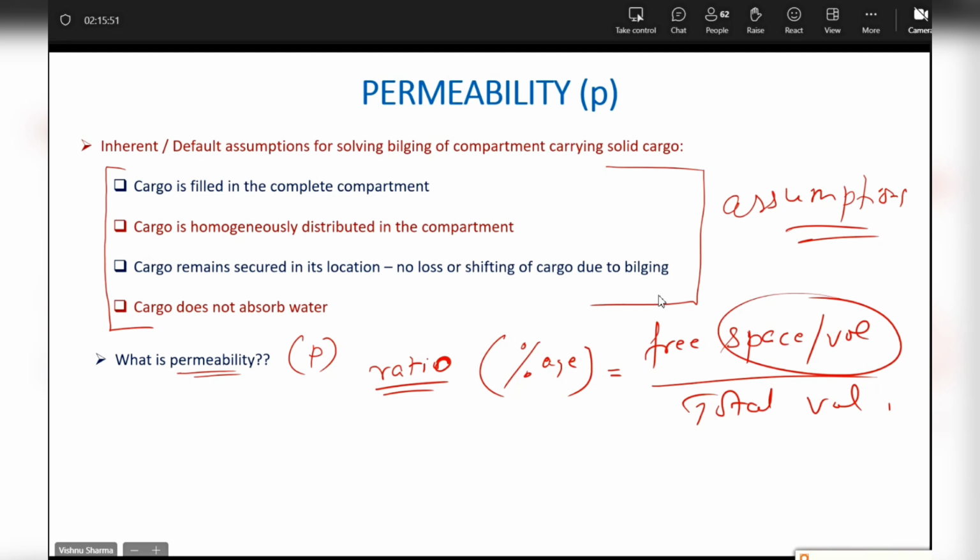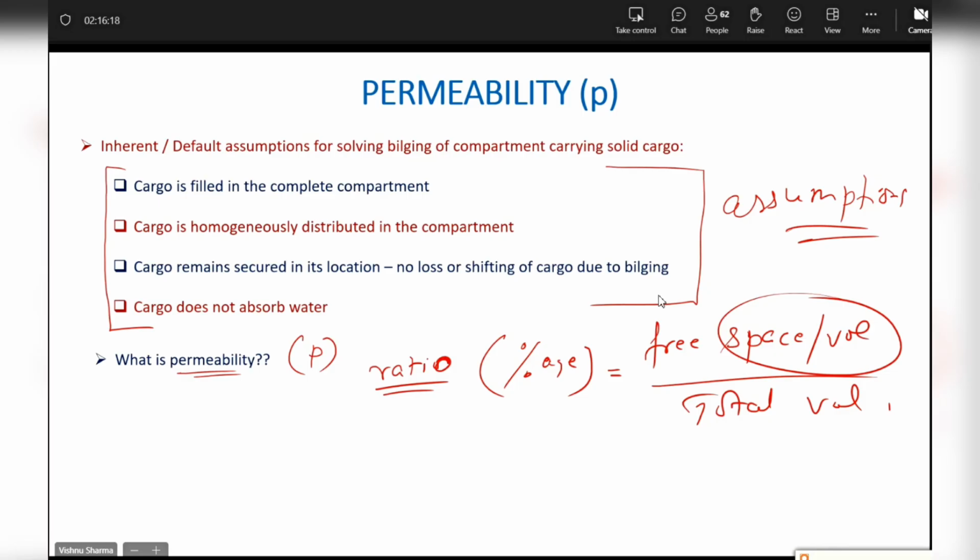So suppose a compartment has a total volume of 1000 cubic meters. If I say its permeability is 70%, that means 70% of the volume is available for the water to occupy. That means 700 cubic meters of water can come into that compartment.